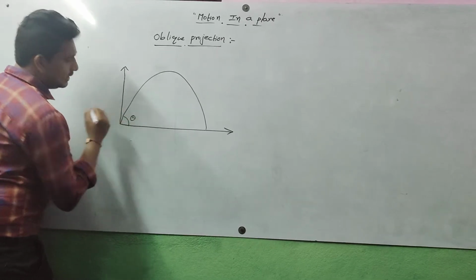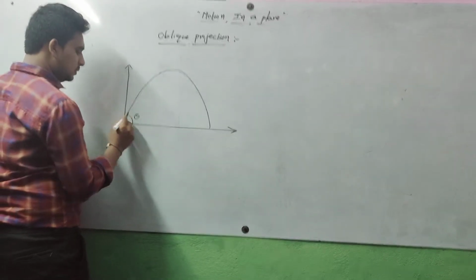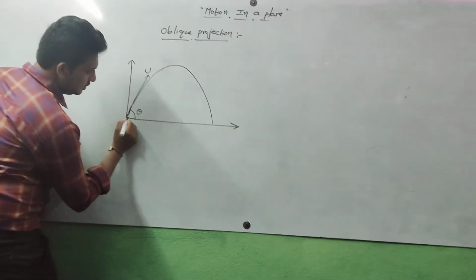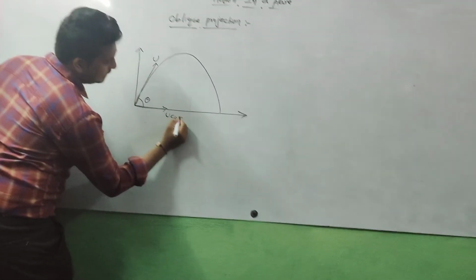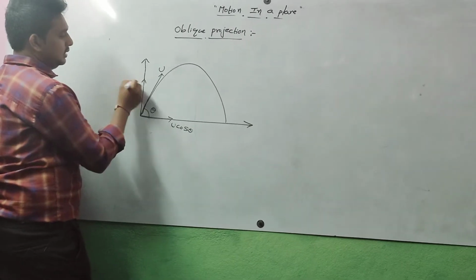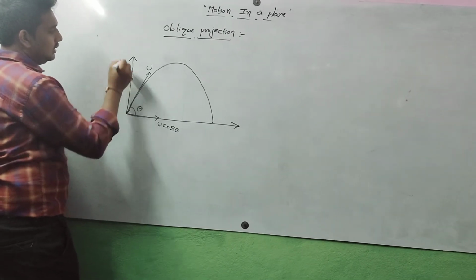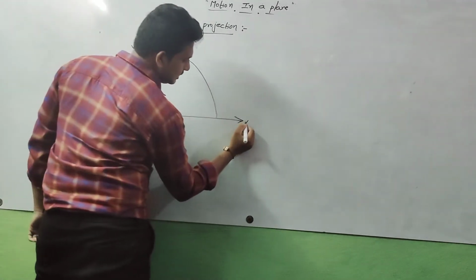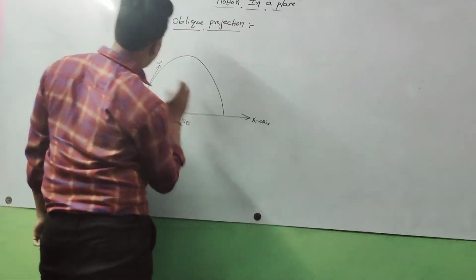It makes angle theta with the horizontal. This is initial velocity u, whose horizontal component is u cos theta and vertical component is u sin theta. This is the y axis, this is the x axis.